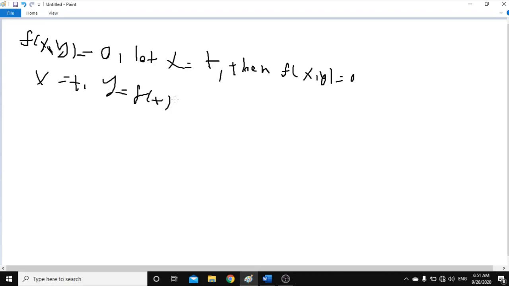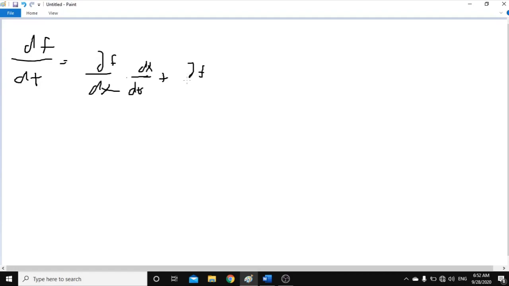By the chain rule, we don't need the full derivation, we just need the equation to use to solve the problem. So df over dt is equal to df over dx times dx over dt, plus df over dy times dy over dt, equal to 0.